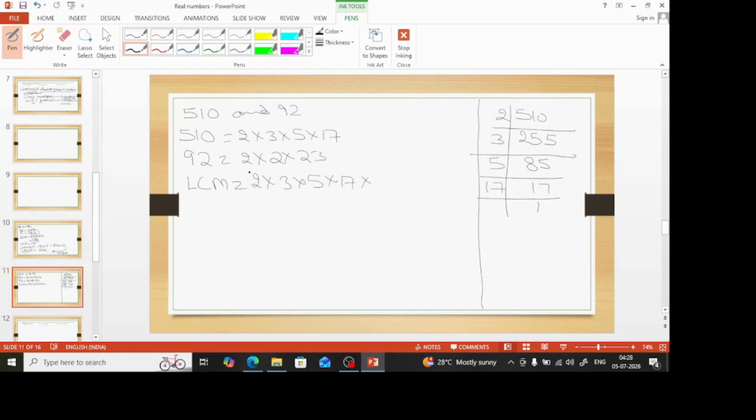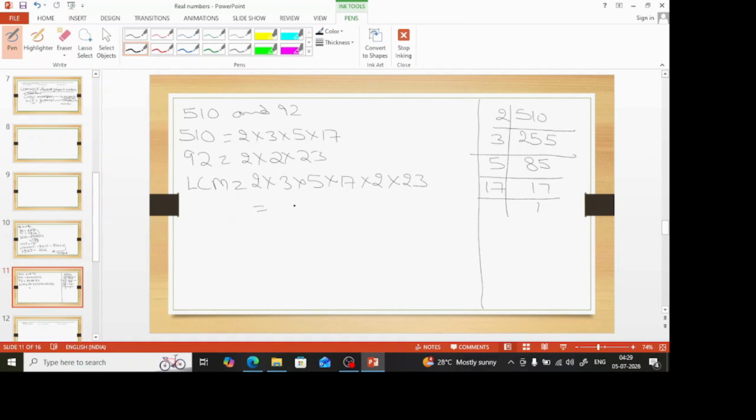And now the numbers which are already repeated we will not write. 2 has already come one time. The factors of 92 are 2, 2, 23, so 2 is 2 times, and we will write one more 2 here. 23 has not come, so we will write 23.